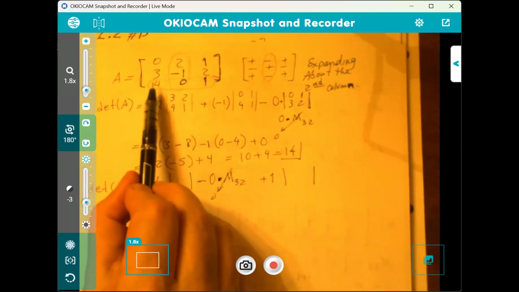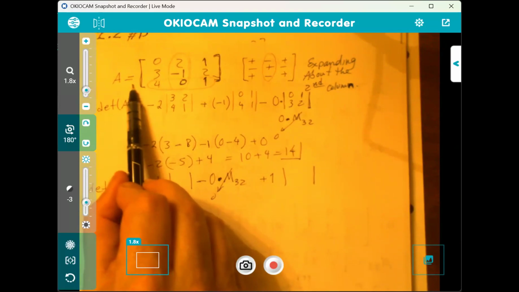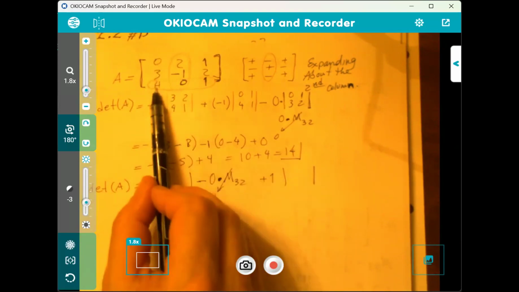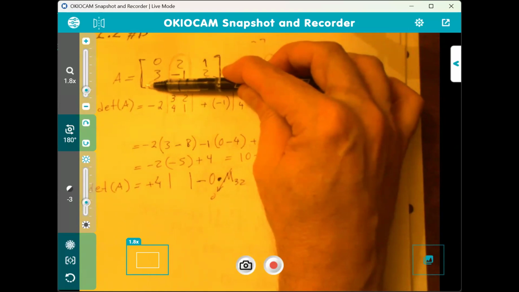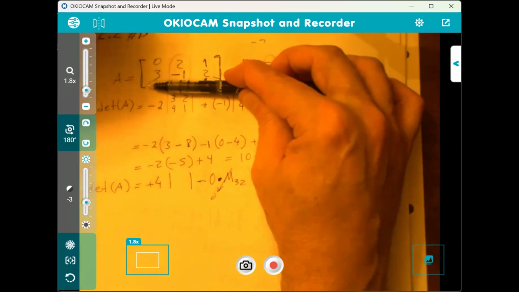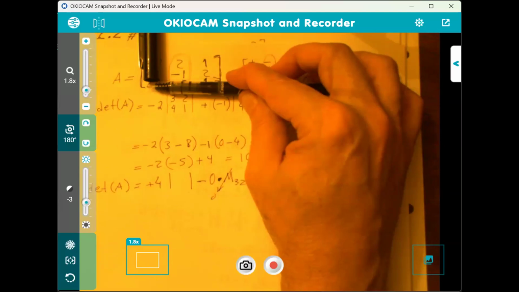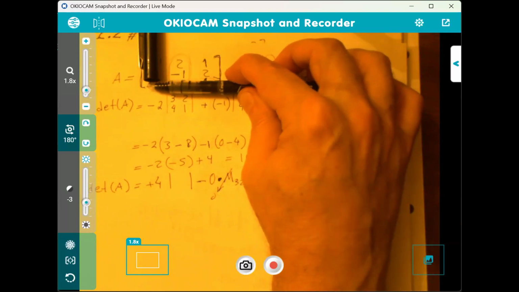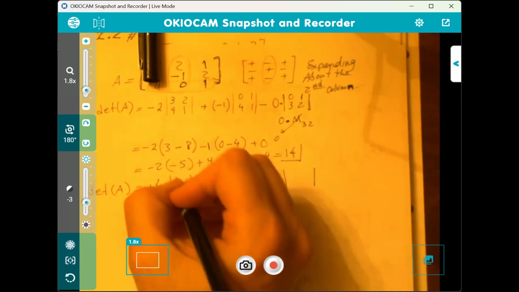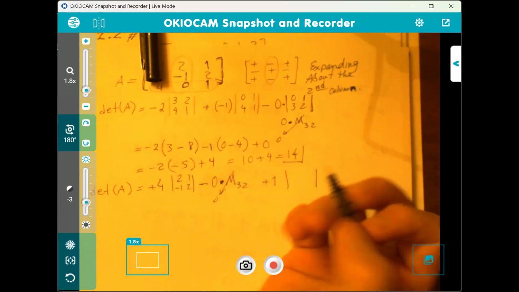Now, what is the minor of 4 in the third row, first column? So we're going to eliminate the third row. We're going to eliminate the first column, right? So the minor of 4 in that position is determinant of 2, 1, negative 1, 2. This is 2, 1, negative 1, 2.